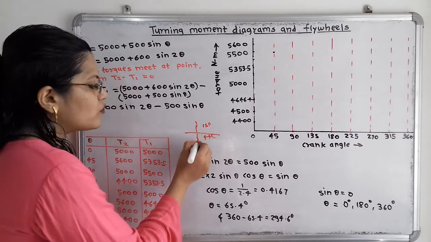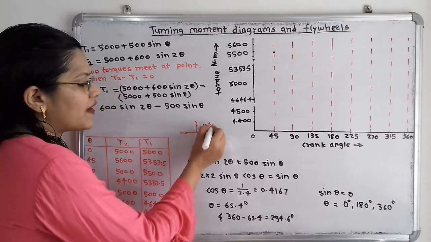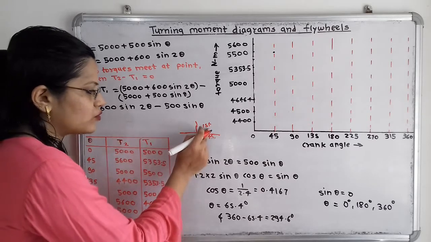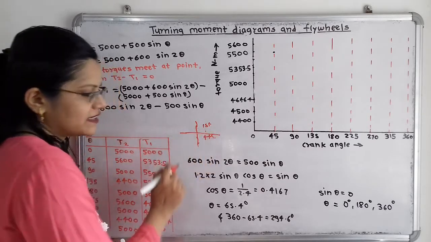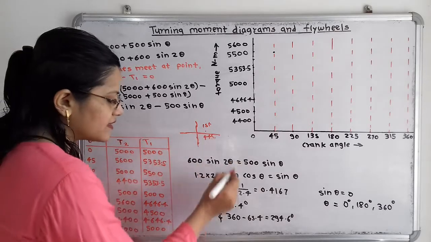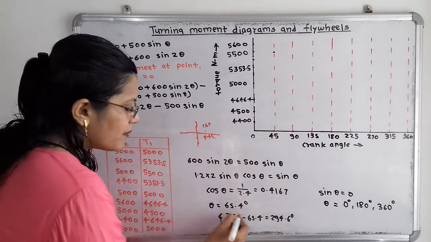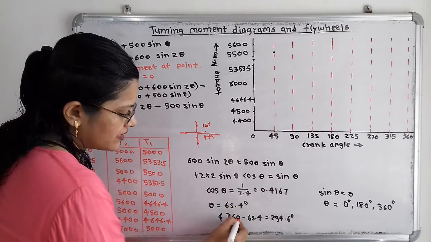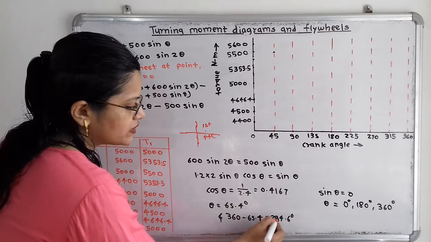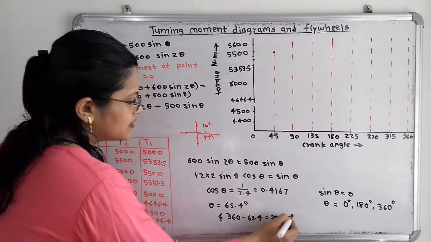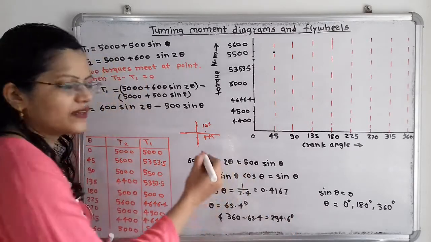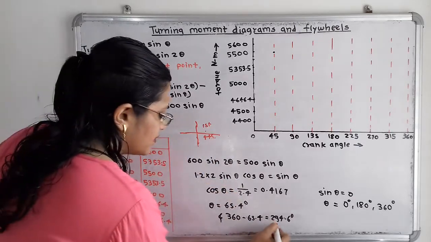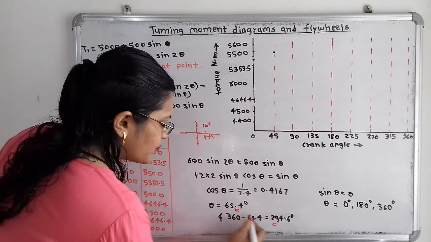So how to find out this value? Total angle is 360 degrees, so from 360 degree I have to subtract this same angle, 65.4. So 360 minus 65.4, which is equal to 294.6 degree, is also the angle at which the two torques meet. So these angles are important.